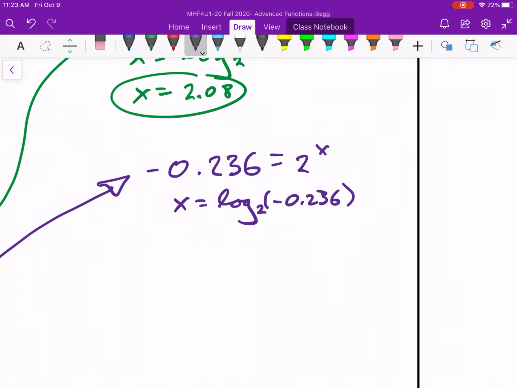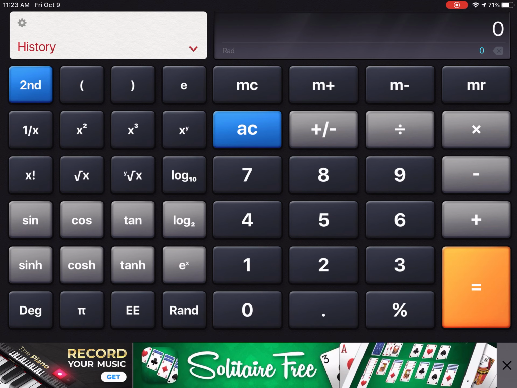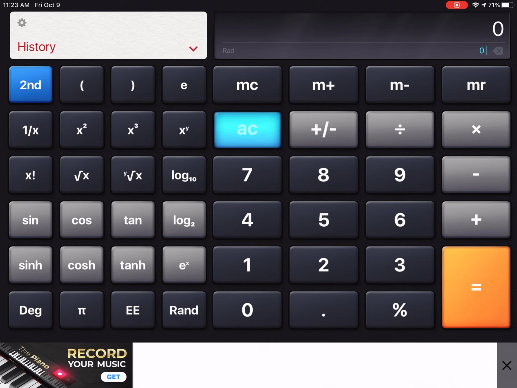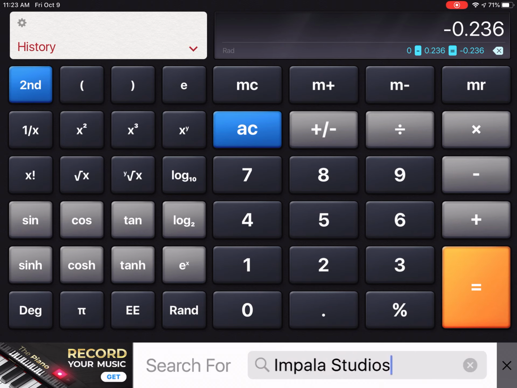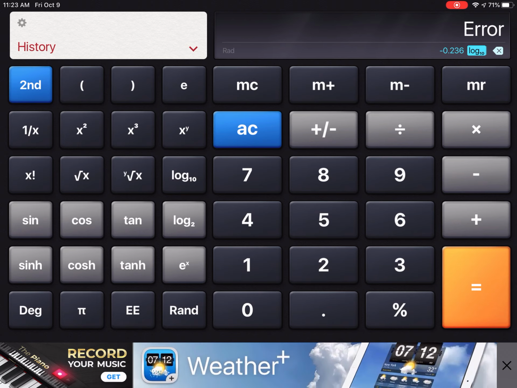And then do our change of base formula again. So take the log of negative, where's negative on this calculator? 0.236. Okay, take the log of that. Ooh, error. Why do we get an error?